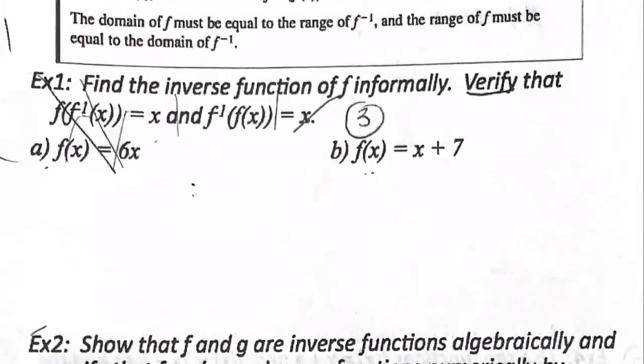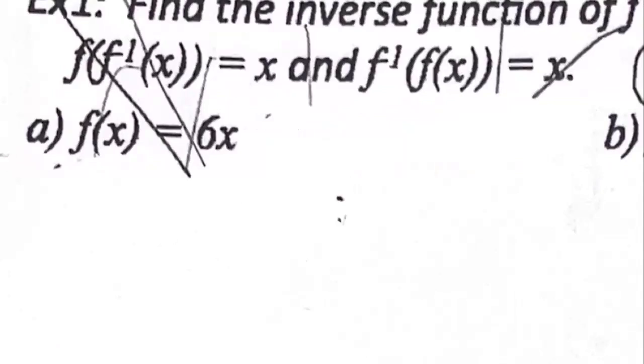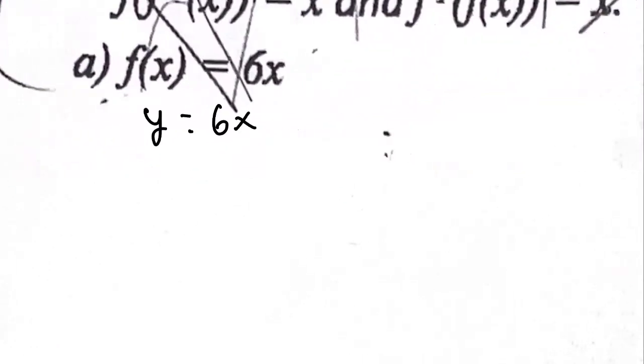Okay, for this one, find the inverse of the function f. Informally verify that f of f inverse of x is equal to x, and then f inverse of f of x is equal to x. Okay, so we're gonna write y is equal to 6x. The only thing you have to do to find the inverse is reverse it. x equals 6y.